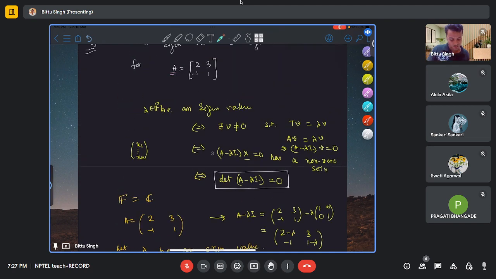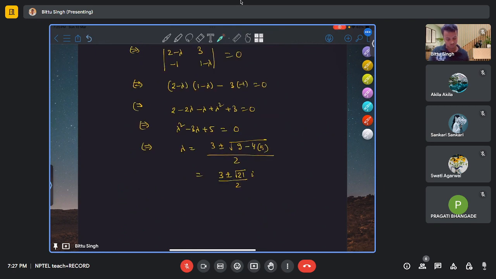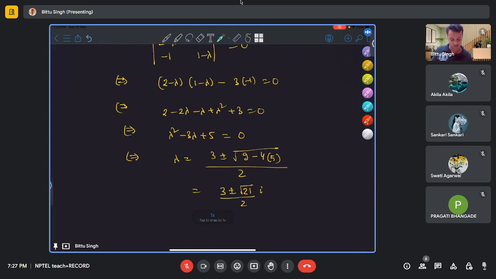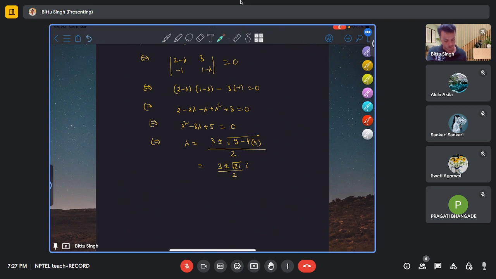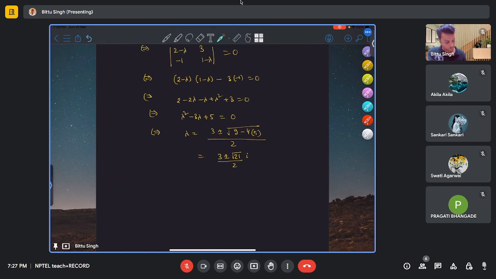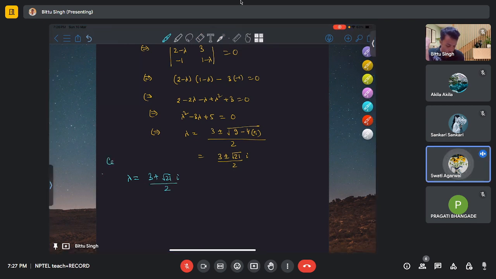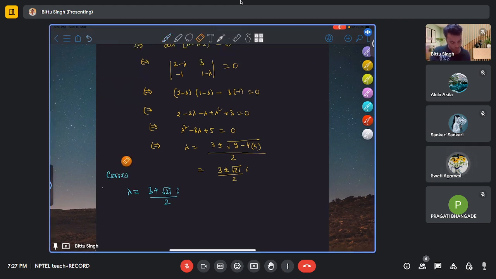Now we need to find the eigenvector for this matrix. So here it will be very difficult, but let us do this. Corresponding to lambda equal to 3 plus root 21 i by 2. Sir, 9 minus 20, I think it will be 11 in the root. Okay, sorry for that.